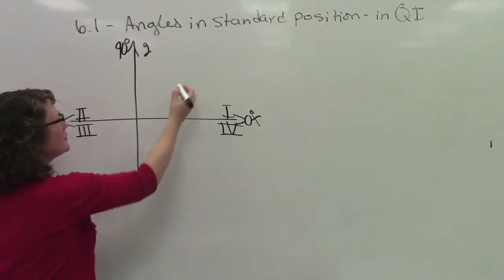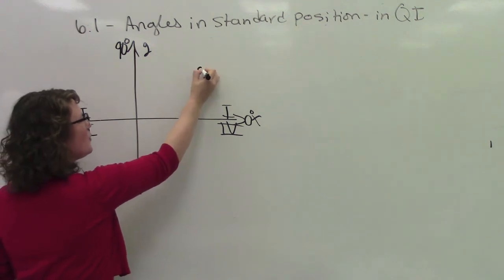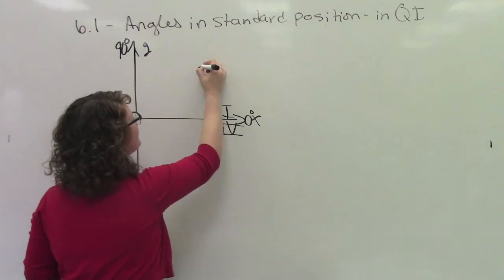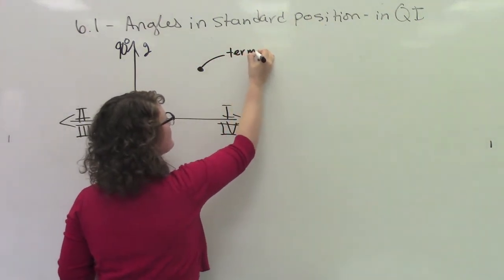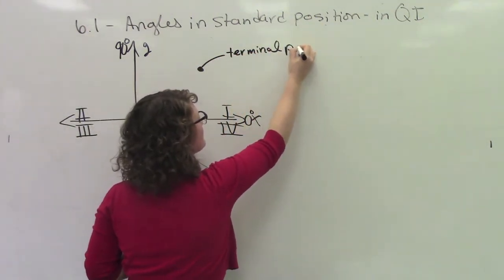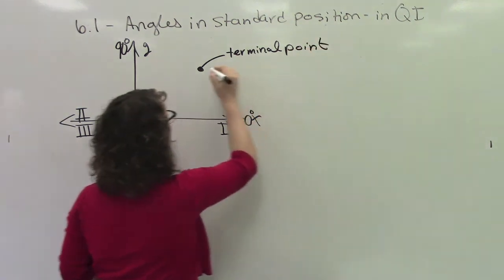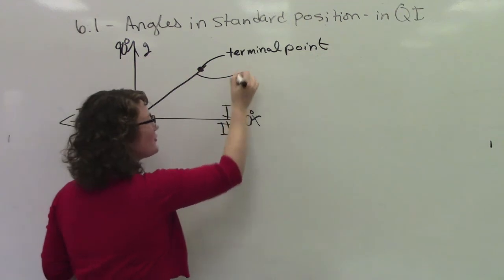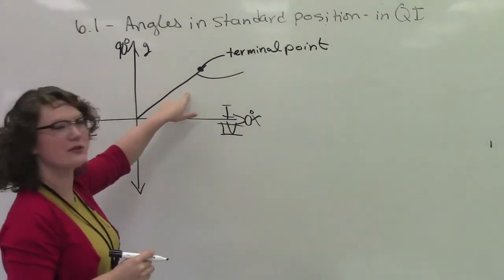If I were to draw this point here, just for the record, this is called the terminal point. And I were to extend it like this, just for the record, again, this is called the terminal arm.